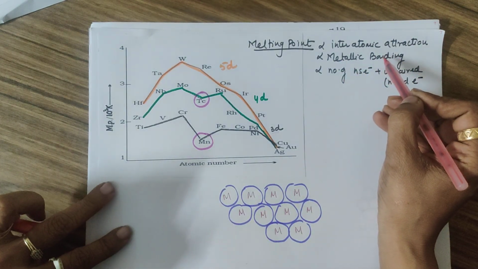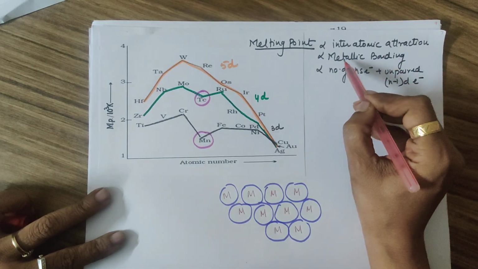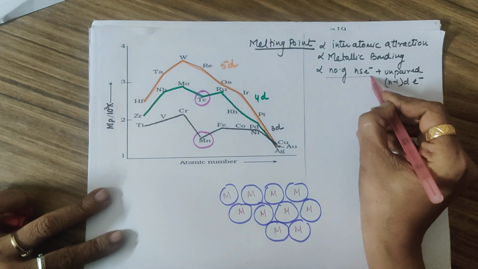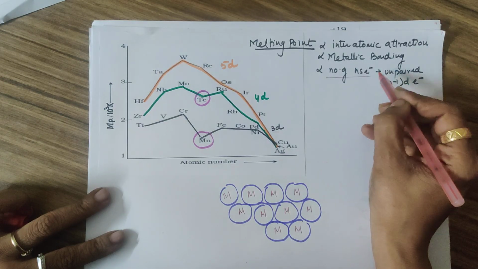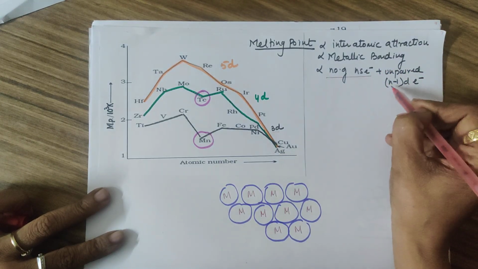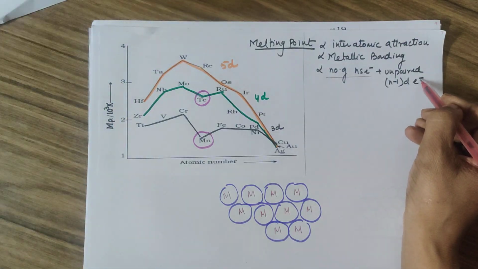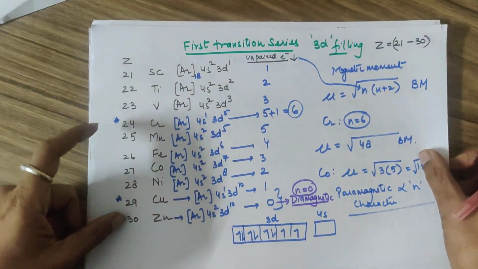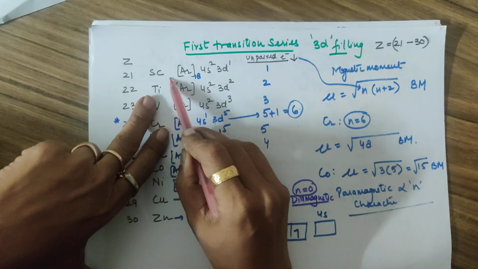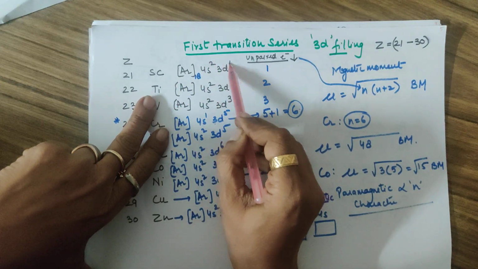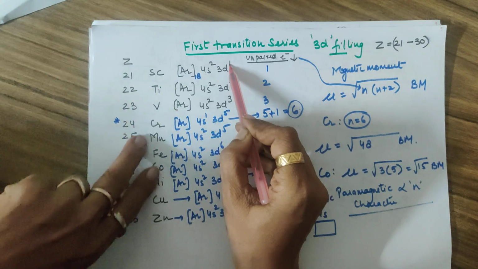Now what does this metallic bond depend on? Metallic bonding depends on the number of outermost ns electrons plus the unpaired electrons of the d subshell. Which means if we look at the electronic configuration, in case of scandium, the outermost 2 electrons from here and 1 here, 3 electrons will be utilized in metallic bonding.